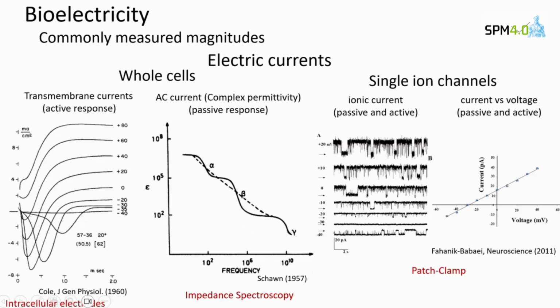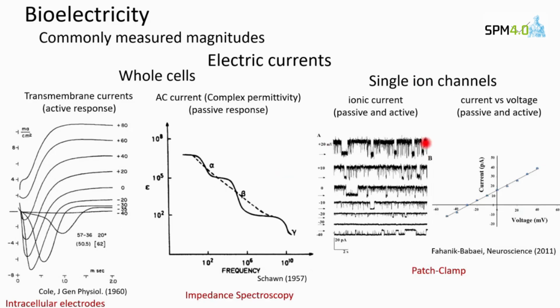Basically, you put the cells on top of the electrodes, you apply an alternating voltage, and by analyzing the response, you get what is called the complex permittivity, which is related to the permittivity I introduced before, but there is a lot to be understood in this experiment.